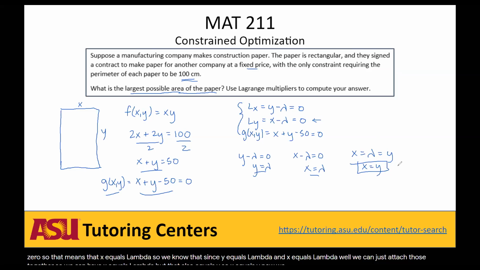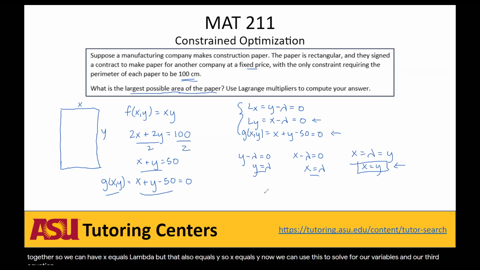So now we can use this to solve for our variables in our third equation. So we have x plus y, but y is also equal to x. So x plus x minus 50 equals 0.